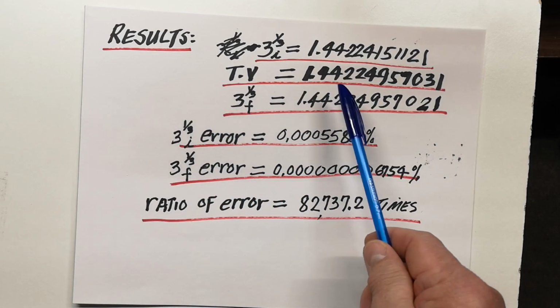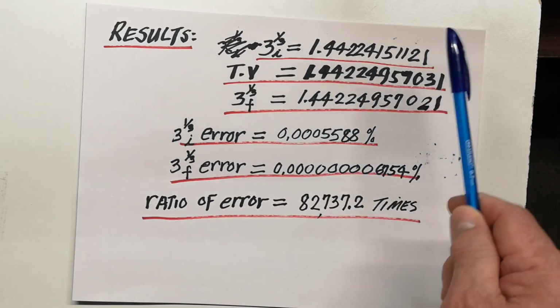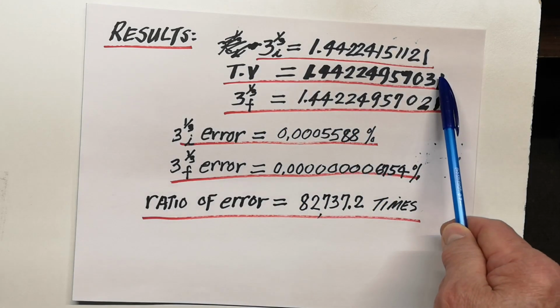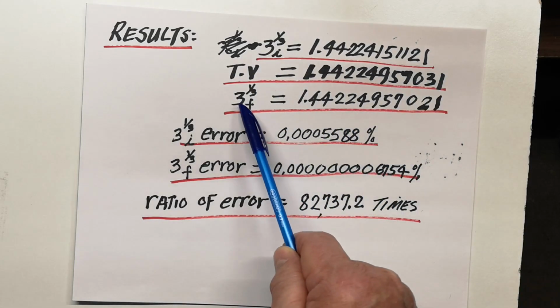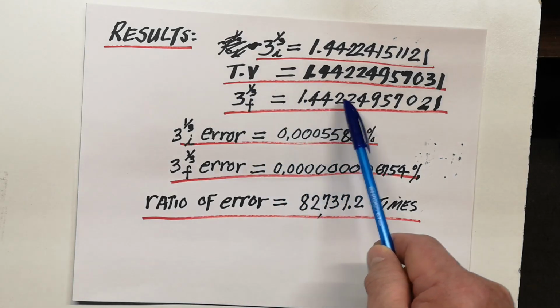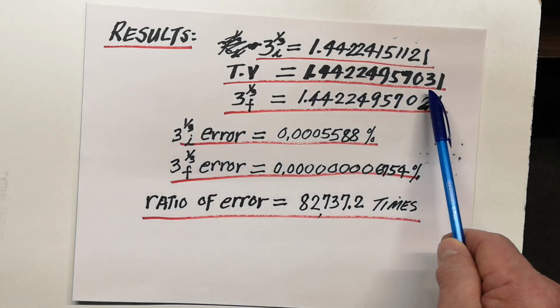The result. This is the initial cube root of 3, and this is the true value from a scientific calculator, and this is the final cube root value that we obtained. And look at the decimals. It is accurate up to here.